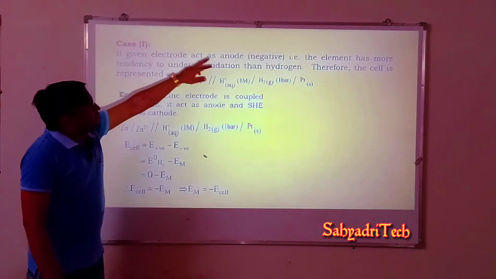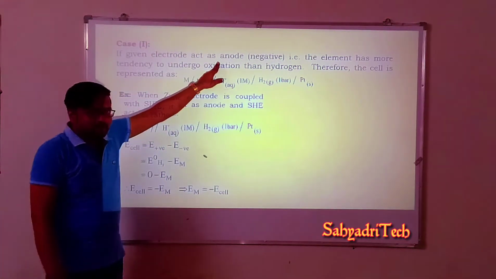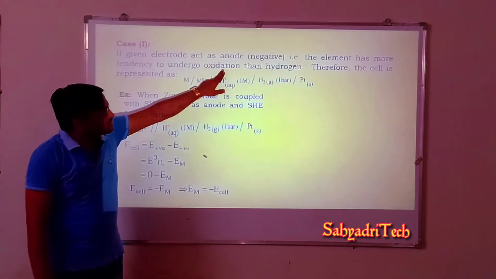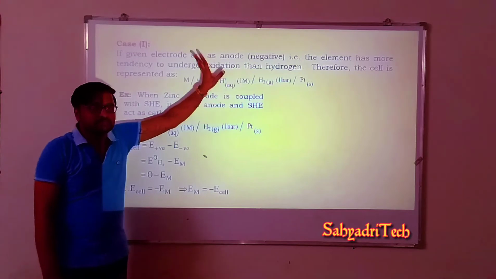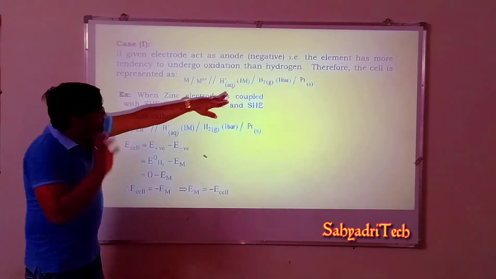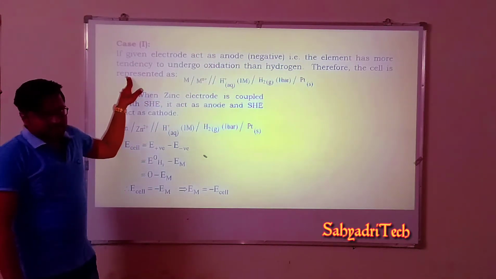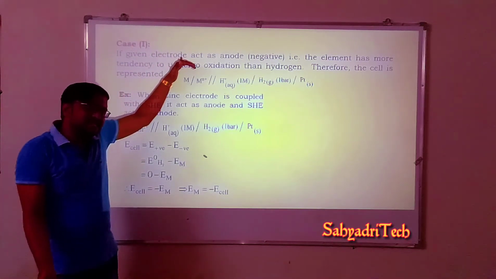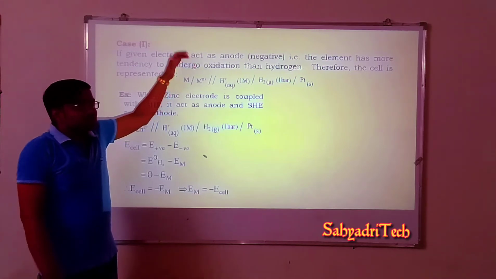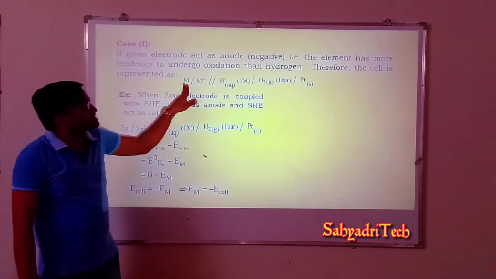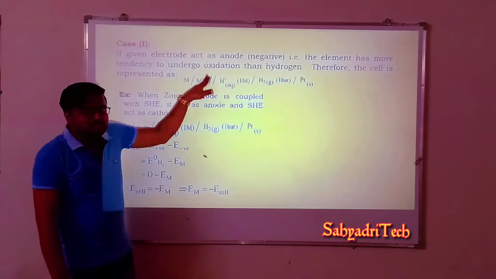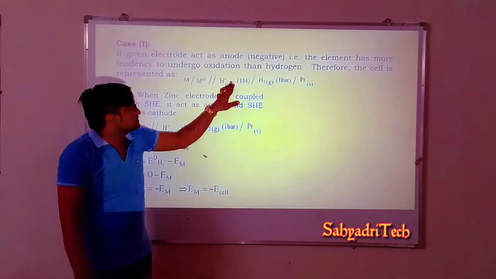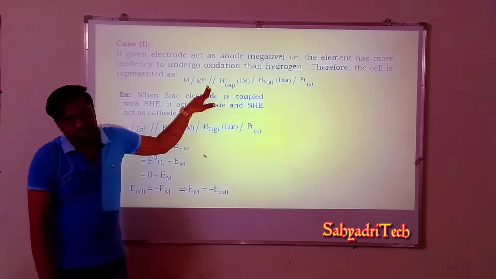If the given electrode acts as anode, that is, the element has more tendency to undergo oxidation than hydrogen. Therefore the cell can be represented. If the given electrode acts as anode, what about SHE? SHE acts as a cathode. So according to the general representation, the oxidation half cell is written first, followed by the reduction half cell. Both the half cells are separated by a salt bridge.